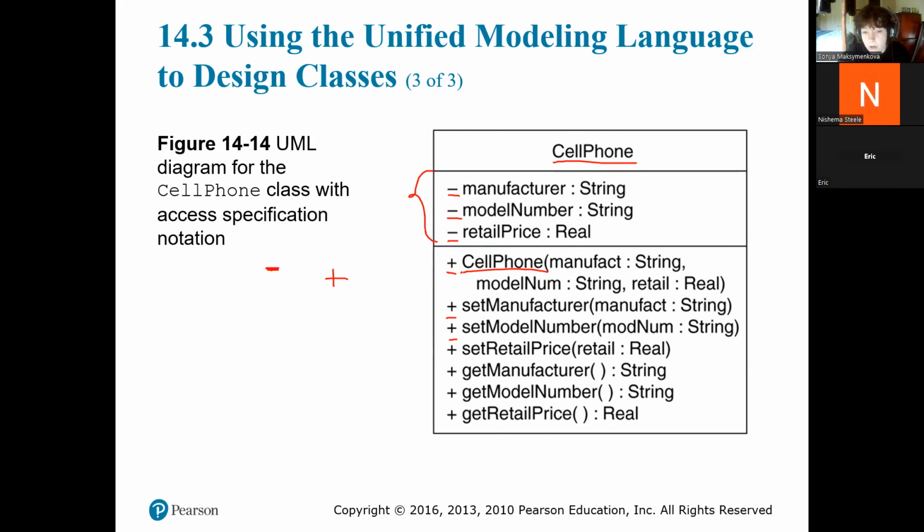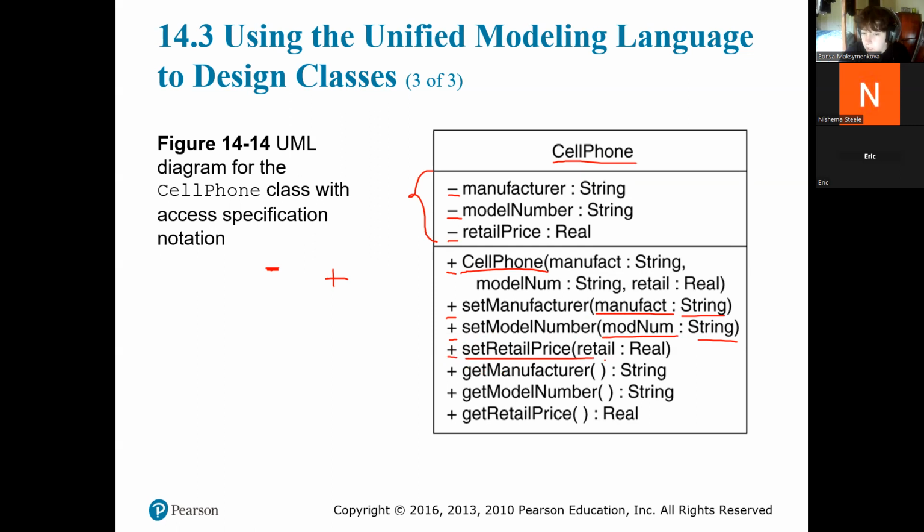In this case, we have a public constructor called cell phone that sets manufacturer to a string, model number to a string, and the retail to a real. Then our next method is a public set manufacturer method that will set your manufacturer to a string. Same thing here: public set model number sets model number to a string.